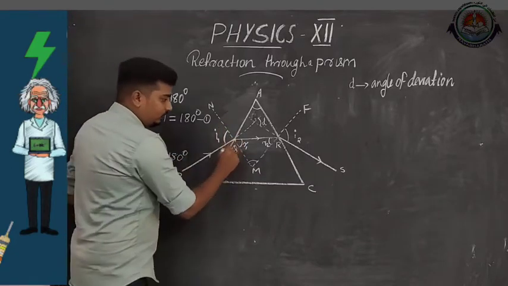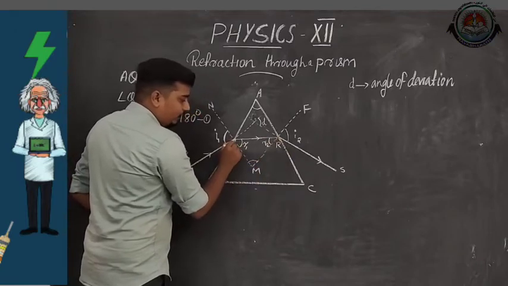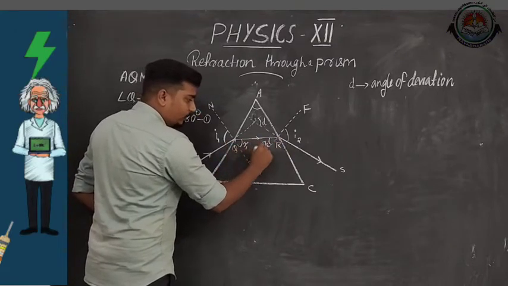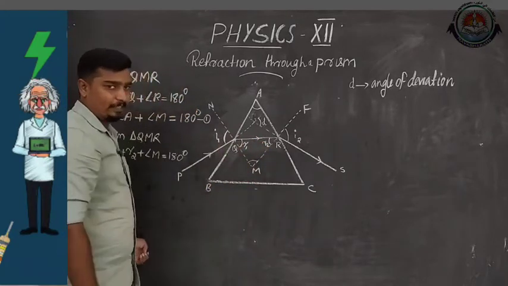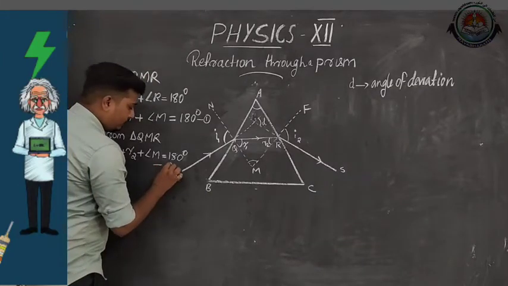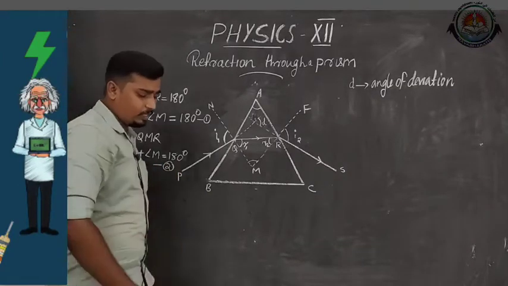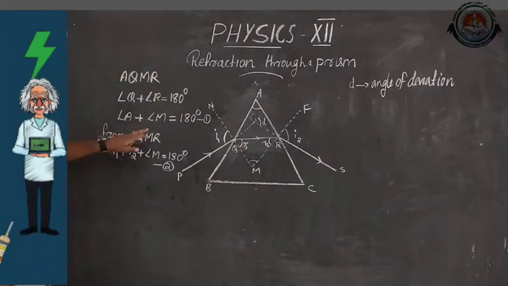Here angle Q equals R1, so R1 plus R2 plus angle M equals 180. Taking this as equation number 2. Comparing equation 1 and 2, what will we get?